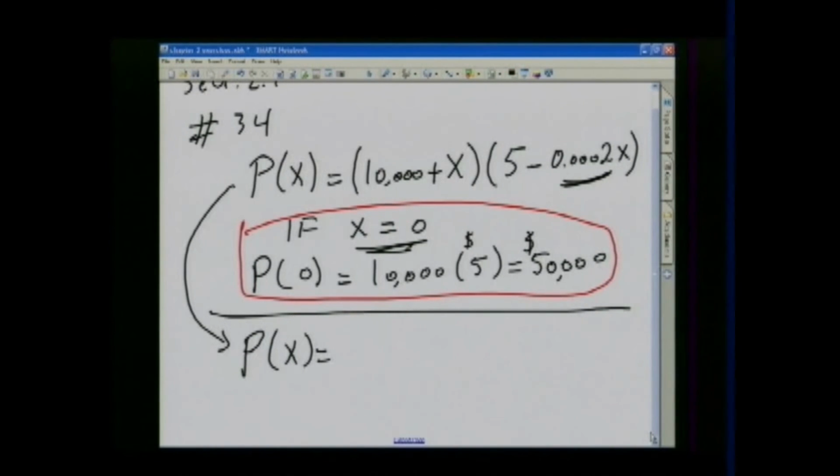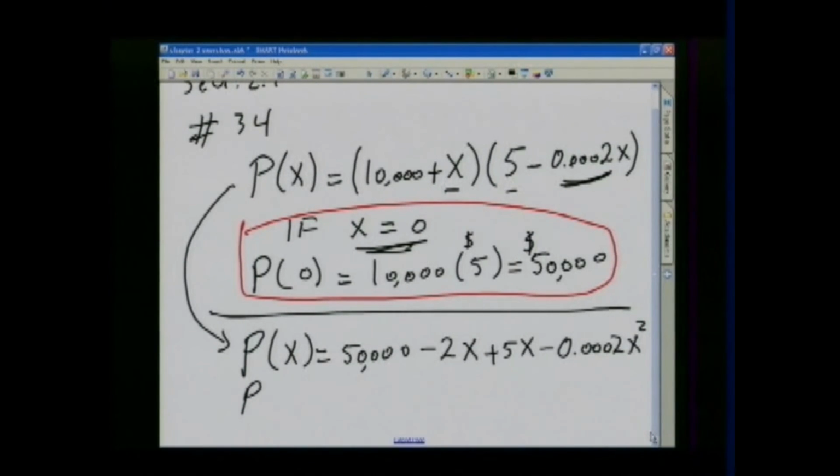So this would be equal to 10,000 times 5 is 50,000 minus 0.0002X times 10,000 would be equal to 2X. X times 5 is plus 5X. And X times that would be equal to minus 0.0002X squared.